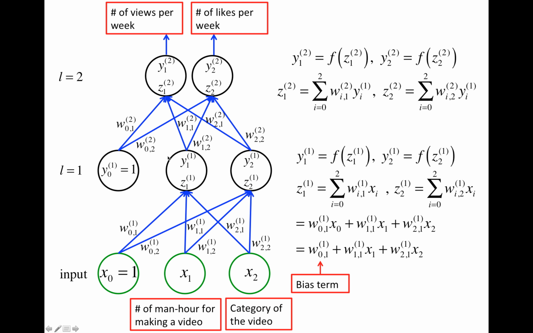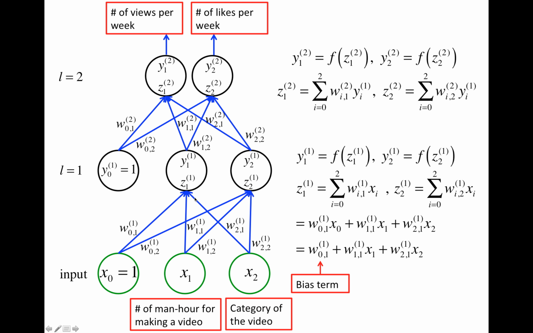And then we can compare the computed output with the actual number of views and likes per week for that given input. Don't forget, this is for a previous YouTube video. So we have the input and also the actual average number of views per week and the actual average number of likes per week, right? Those data were actually given in our dataset.